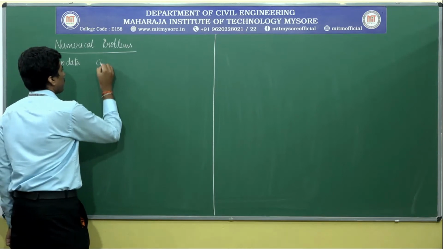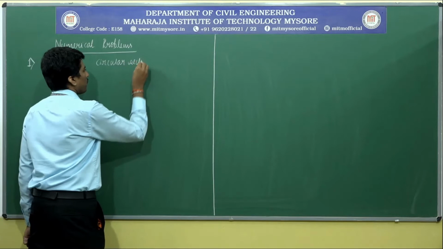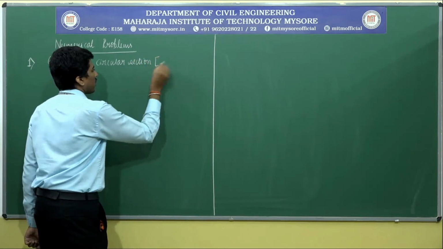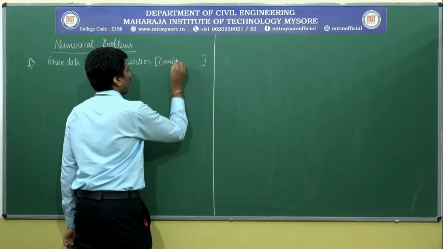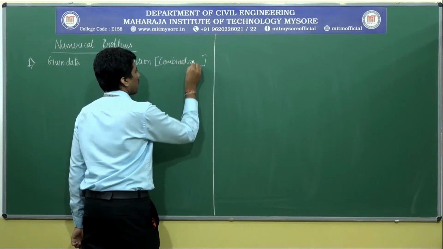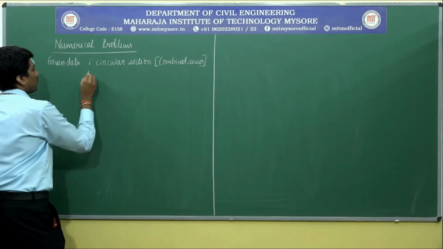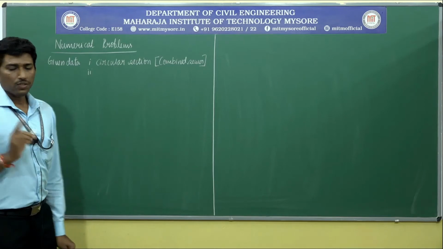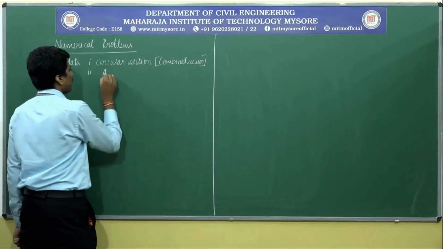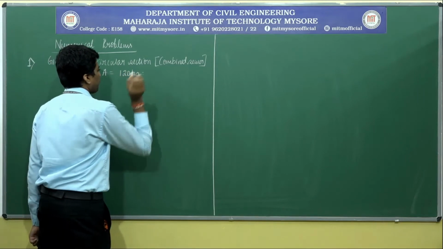So the sewer to be designed is of circular section, and it is a combined sewer. Next, area to be served is 120 hectares, so area is equal to 120 hectares.